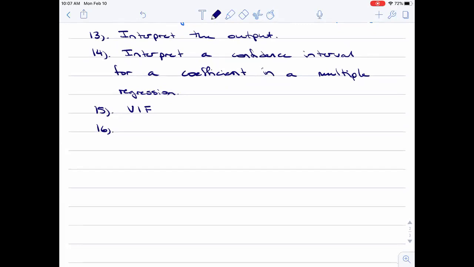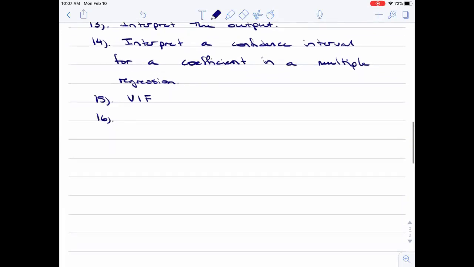16. Pick a test to run. So if I say, I want to check to see if any of the slopes are significantly different from 0, that would be an ANOVA and F test.